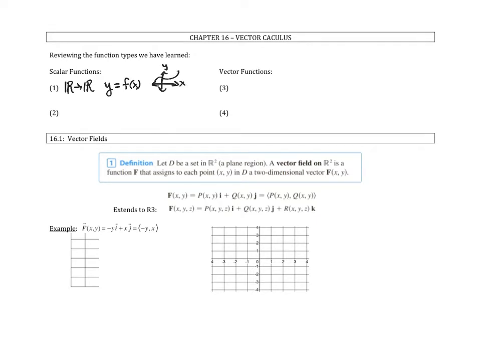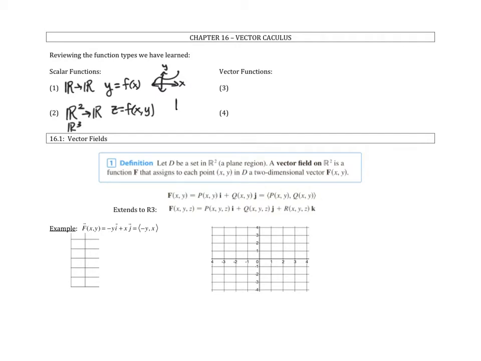Then the type of function we've been studying for the last 2 chapters is when we go from R2 or R3 and we get out a single real number. So for instance, like z equals f of x and y. We put in something 2-dimensional and we get out a real number.